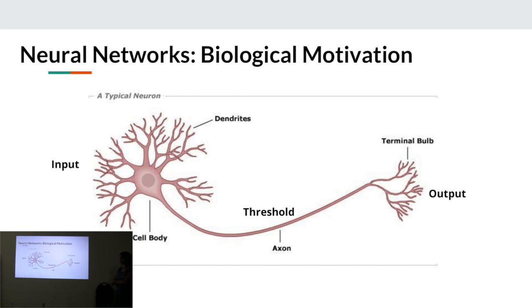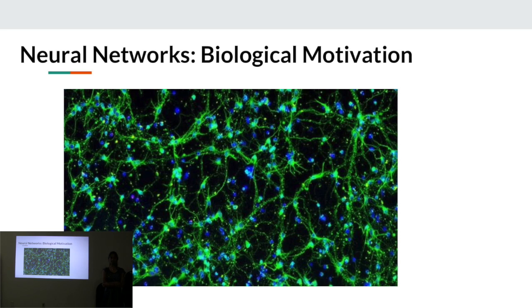And I should mention that a neuron takes inputs from its neighbors and sends outputs to other neurons, but only if the inputs surpass a certain threshold. That threshold is like this activation function.